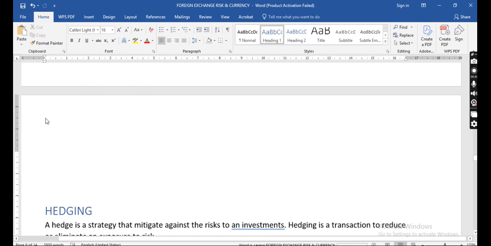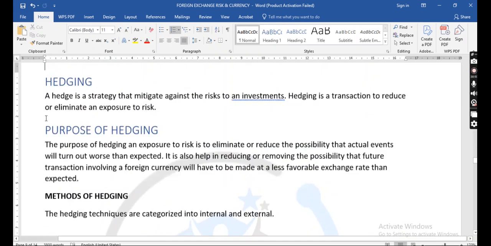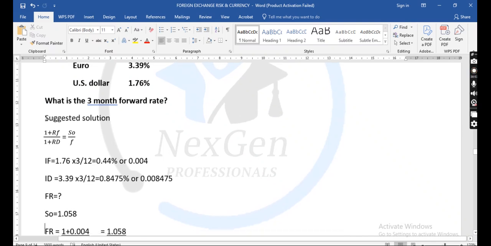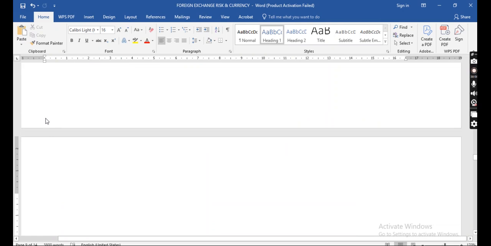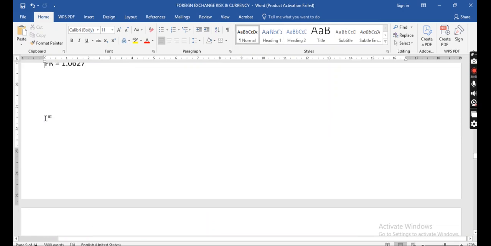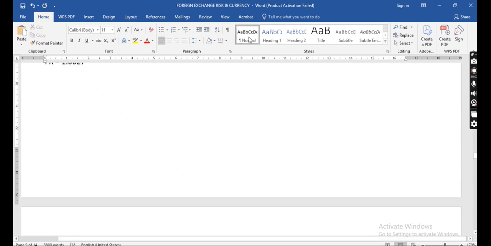You can go through the hedging. This is hedging purpose, internal and external, right? So we're not going to touch that part. Okay. So let's quickly look at an illustration.